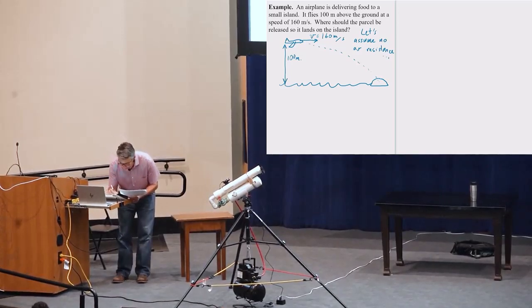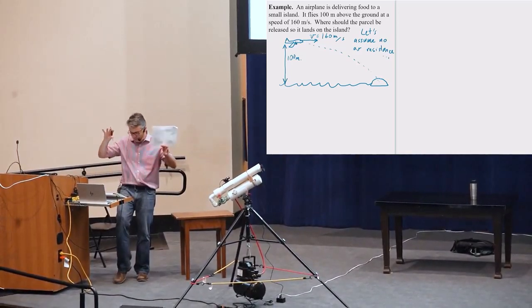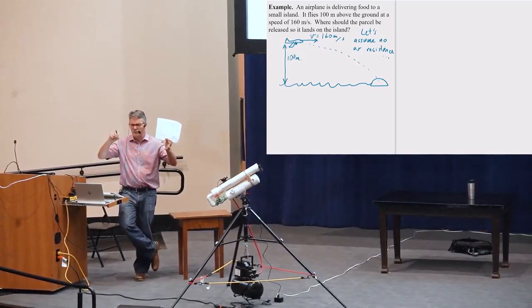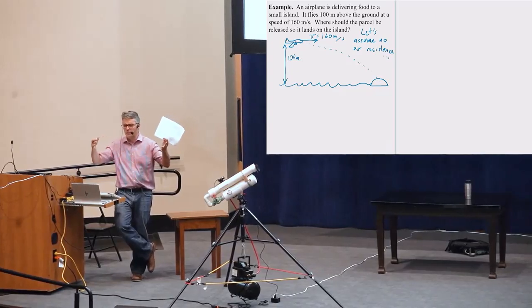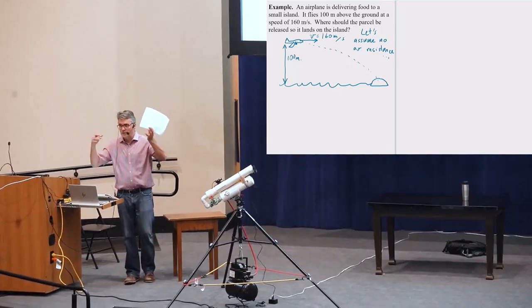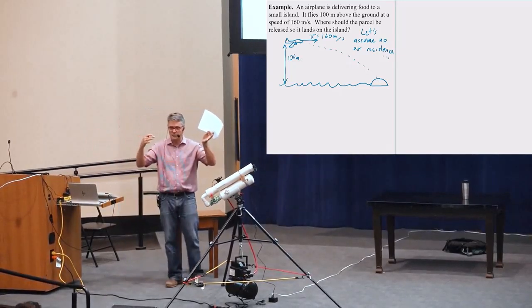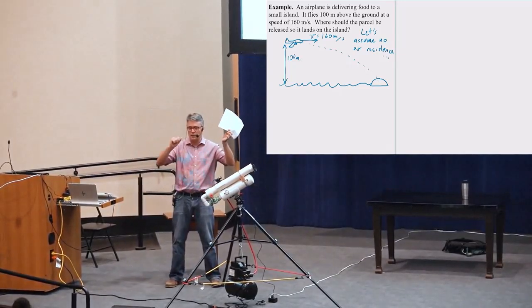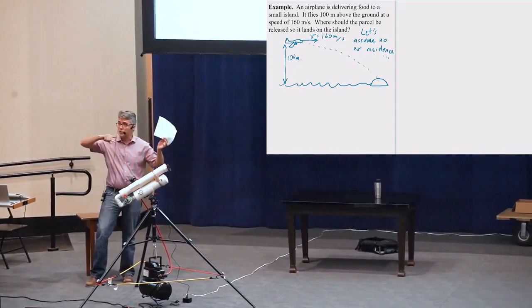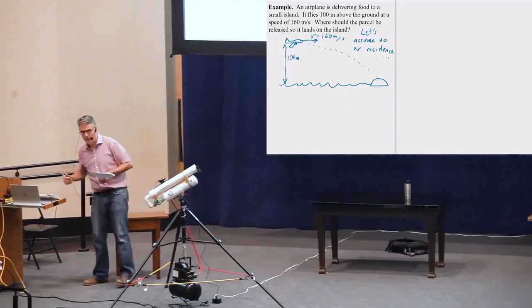And then I think the idea is that they drop this package of food from rest relative to the airplane, if that makes sense. So whatever velocity the airplane has, this 160 meters per second, that's horizontal, if they drop the food, the initial velocity of the food will actually be that 160 meters per second.